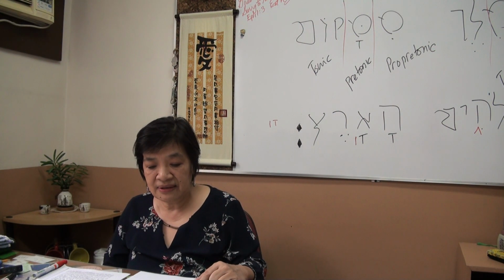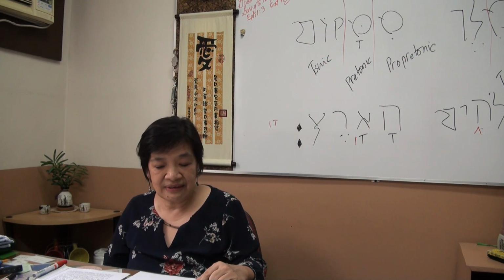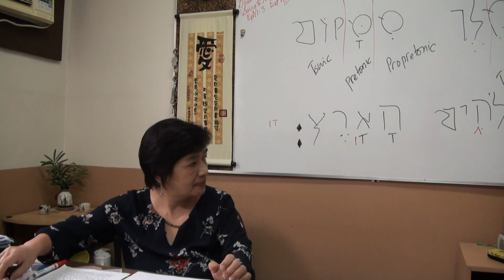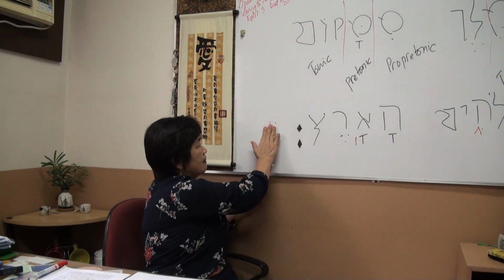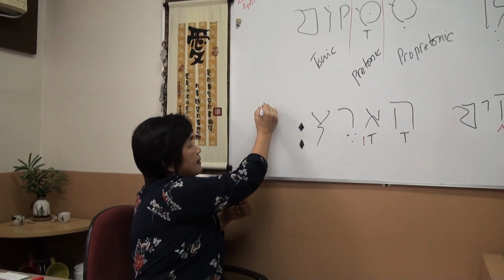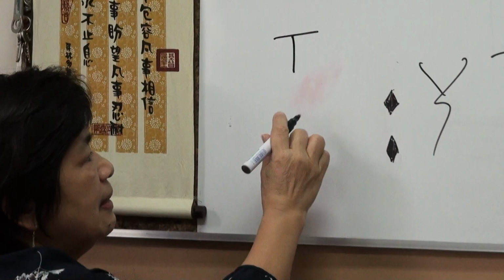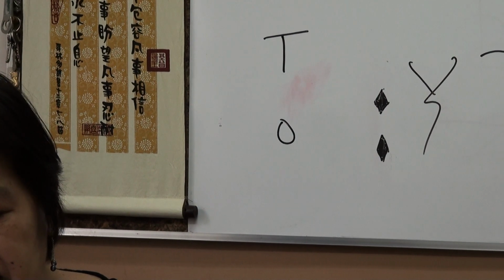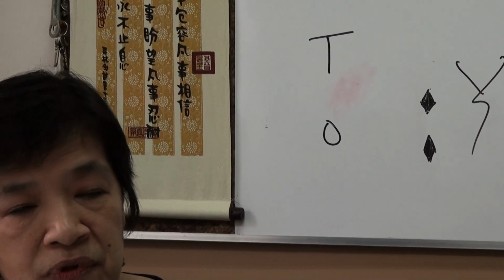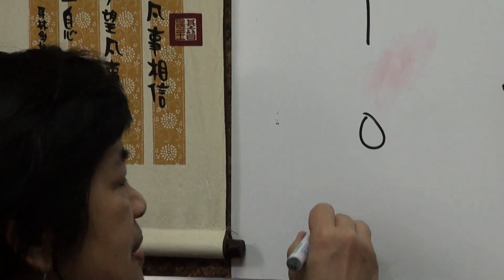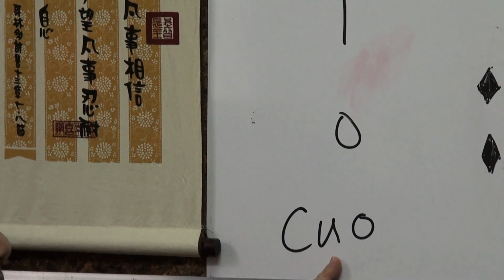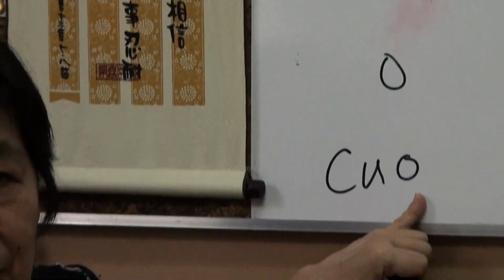Letter A, the sign of the kametz is a kametz hatuf, short O, when it occurs in a closed and accented syllable. So one way to memorize that would be CUO. That's the way I memorize it. If the syllable is closed and accented, then it is short O.